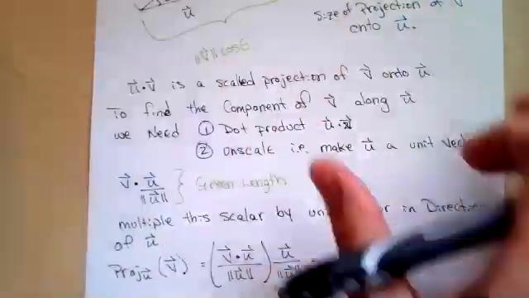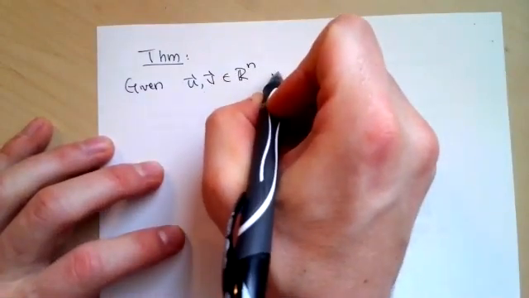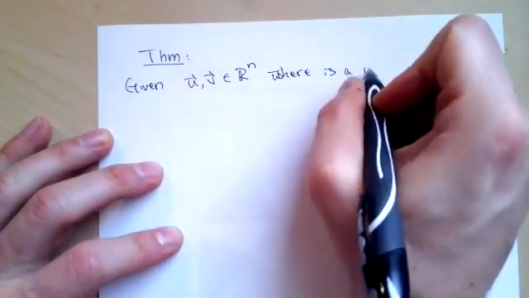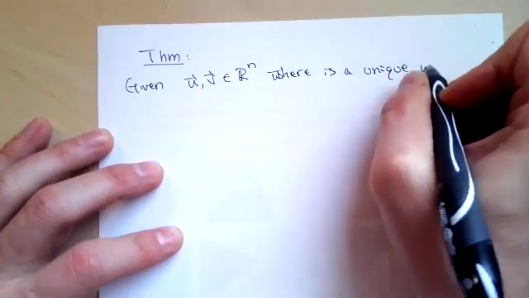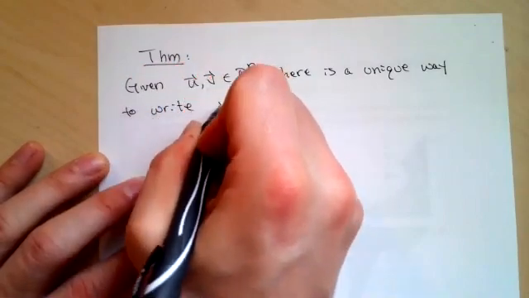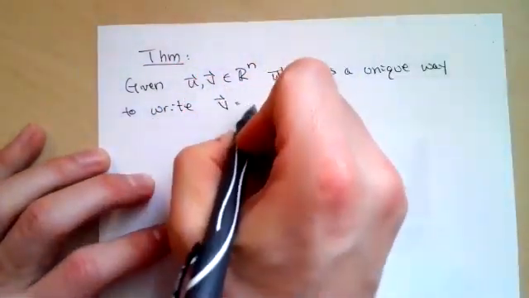Okay, so this brings up a theorem. Given two vectors, u and v, in R^n, there is a unique way to write v. The notation's a little weird.